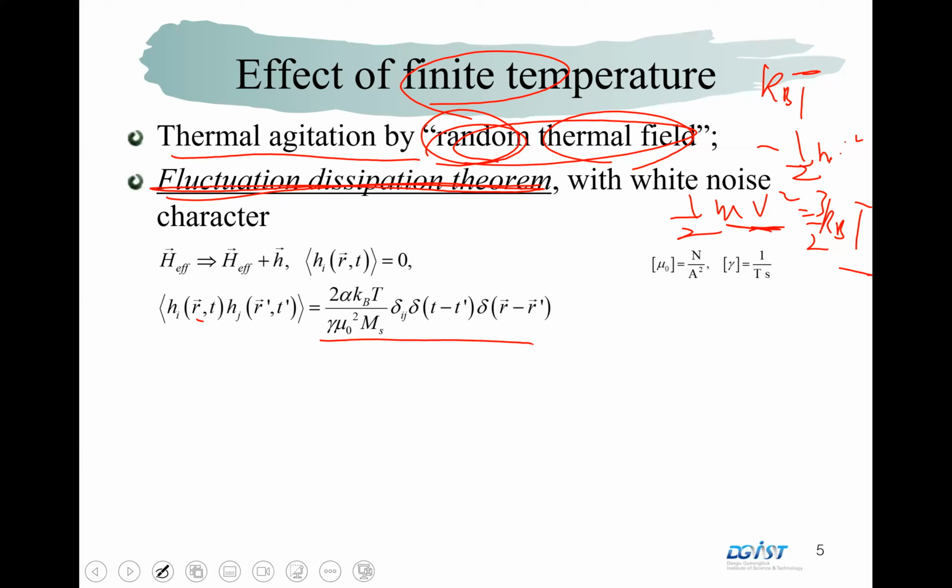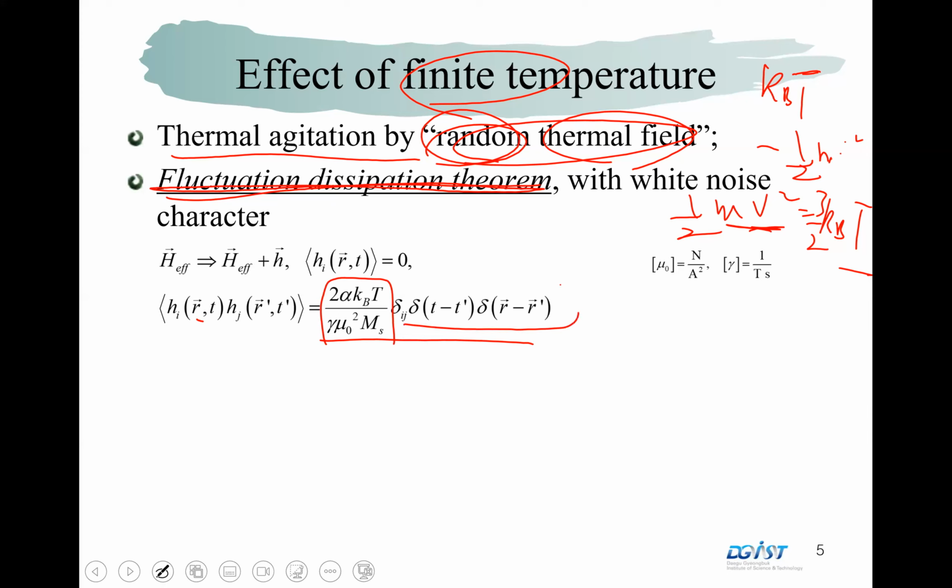Here on the right-hand side, we have certain physical parameters, all familiar to you, right? The alpha, k_B T, gamma, mu zero squared, M_s. We are going to discuss the physical meaning of these a little bit.